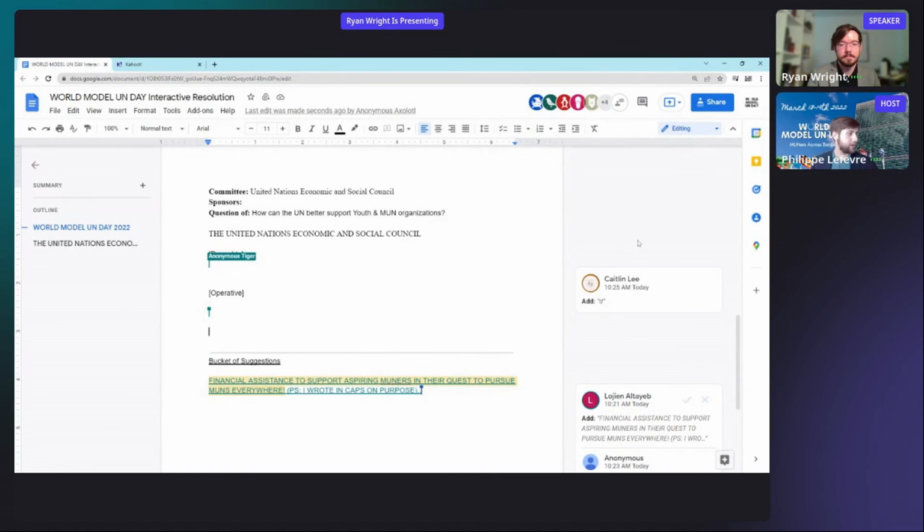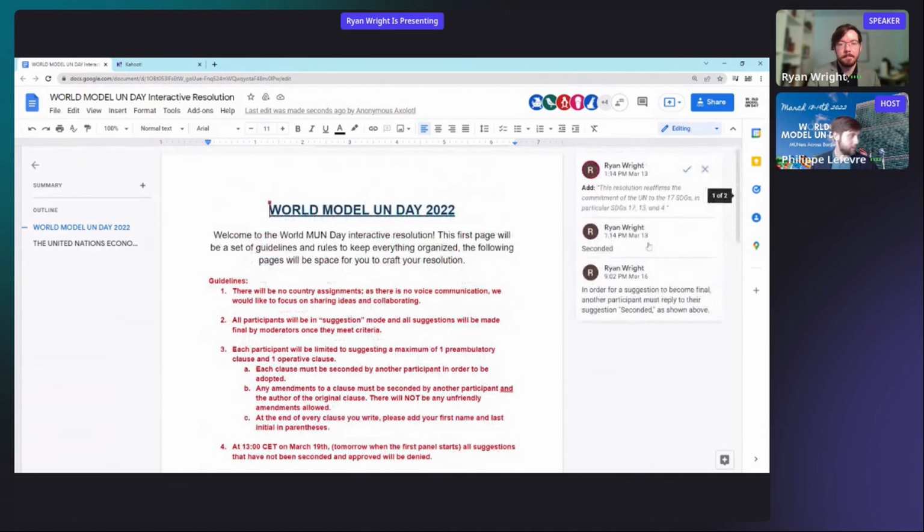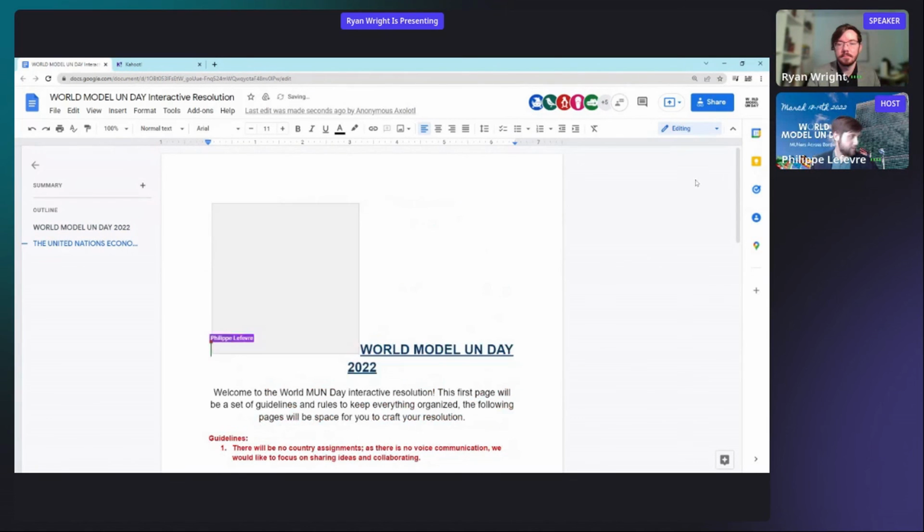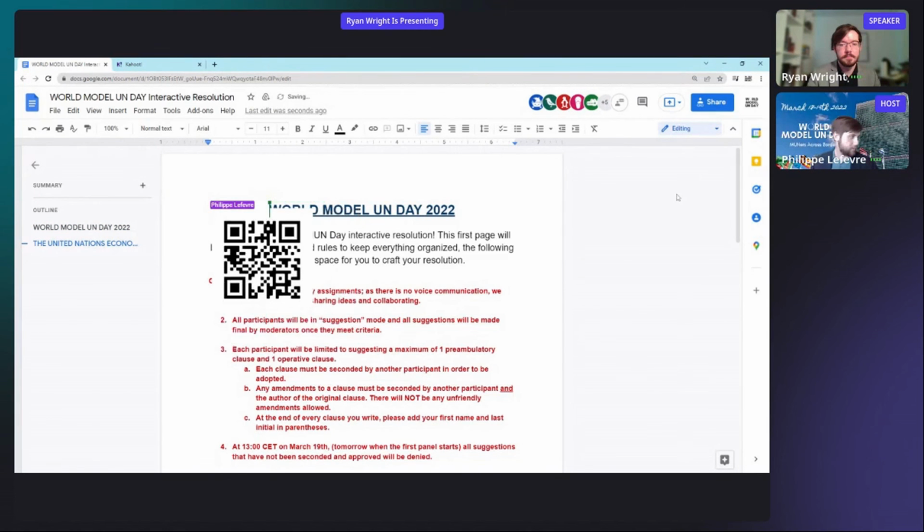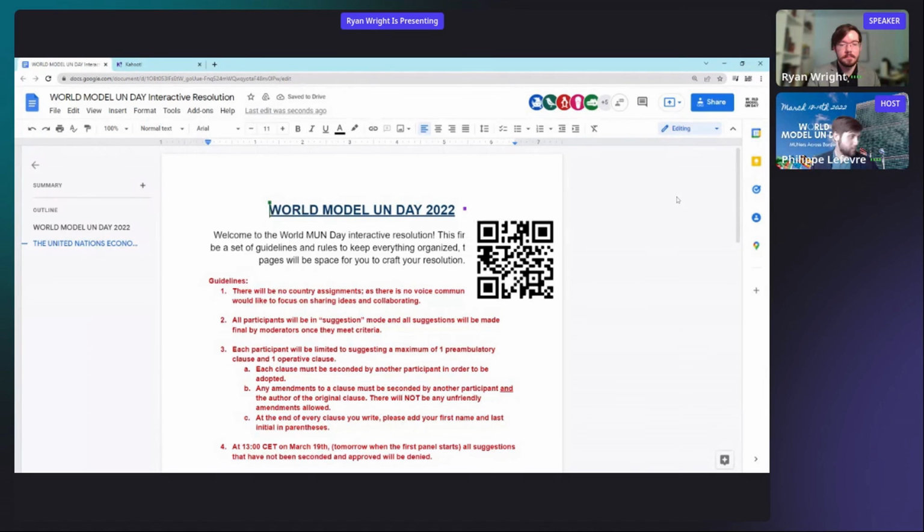Also, what I can do, if you'd like, is put a little QR code at the top. Let me just make sure it's in front of text. Having some trouble with that QR code there.